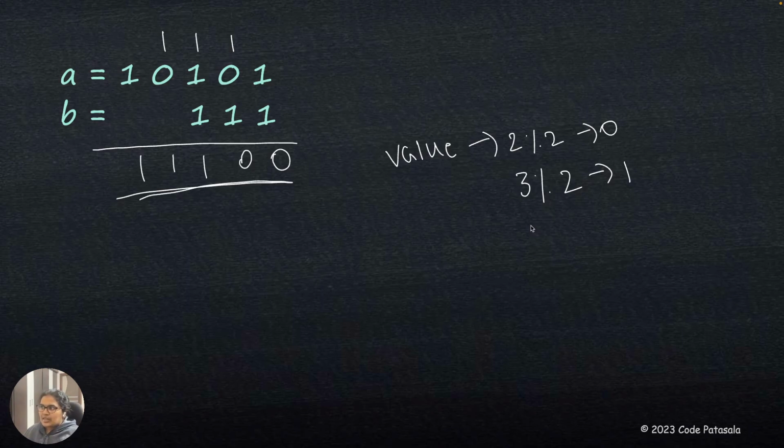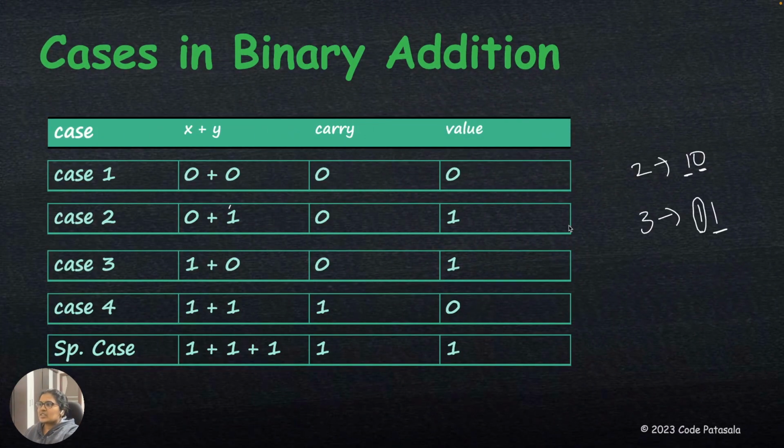If the value is 1, then the remainder when you divide it by 2 would be 1. If the value is 0, remainder when you divide by 2 would be 0. So the value, as seen in this chart, is always the modulo of the integer addition value. So this is nothing but 0 modulo 2. This is 1 modulo 2. Modulo is remainder in Java.